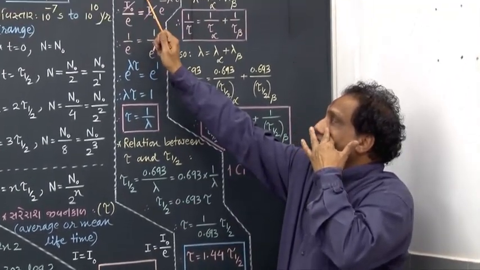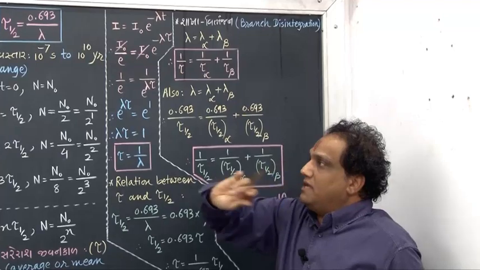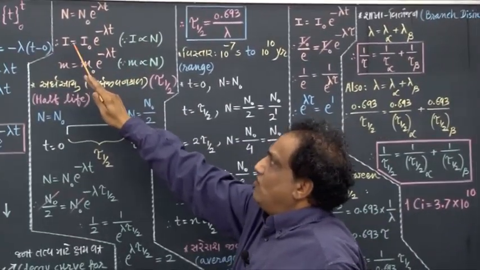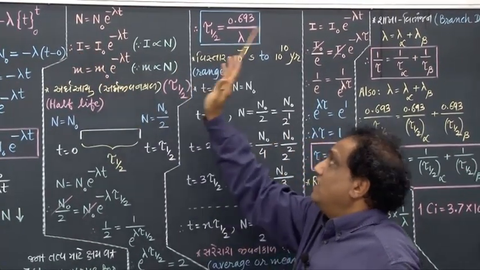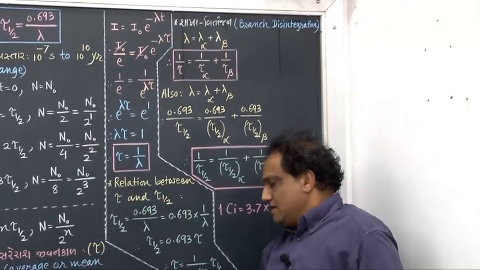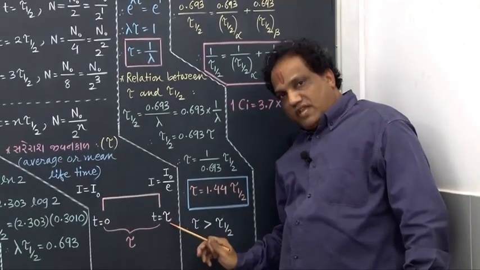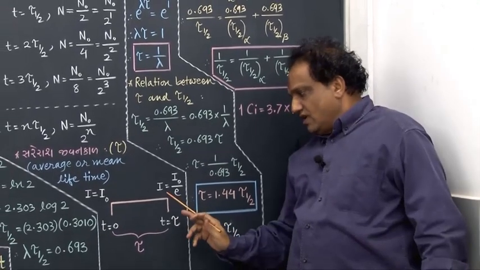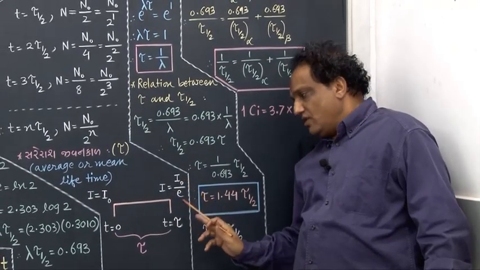I equals I0 e raised to minus lambda t. This is nothing but the exponential law for activities. But at the end of time equal to average life, what is the value of I? I equals I0 upon e.